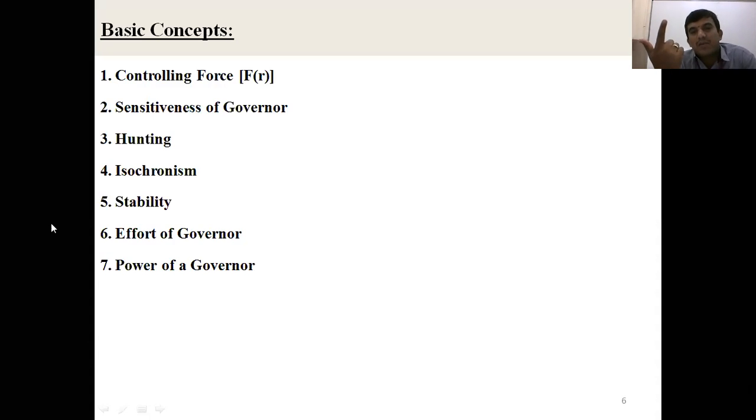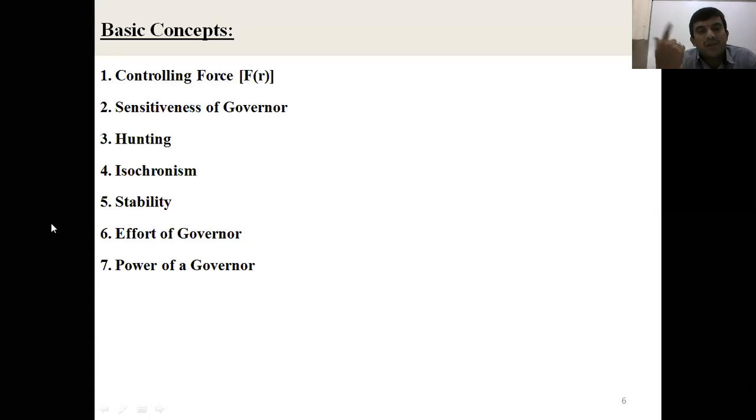Second question, they may ask a derivation for the Porter governor: what is the required equilibrium speed for a given radius of rotation? It may be a Porter governor or Hartnell governor. After these, one more question is the problem.